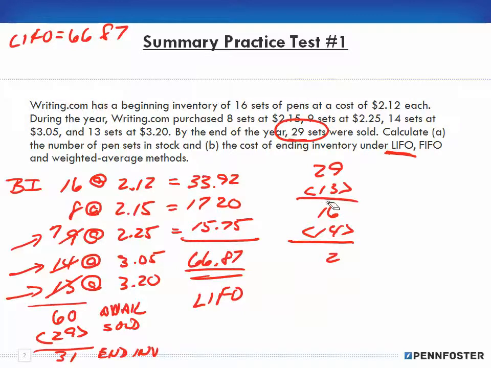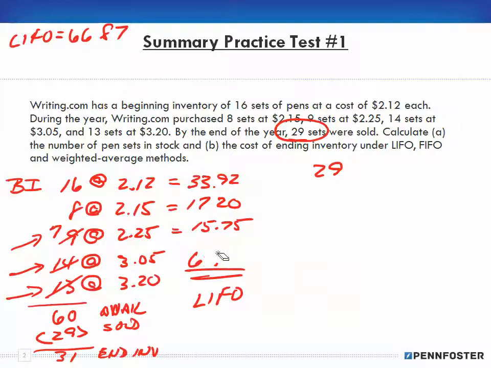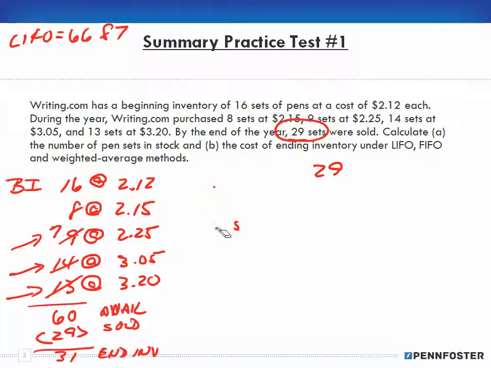Now, let me erase this stuff here, and get back to where we were. We don't need this. Get rid of that. And that's 14. Right.